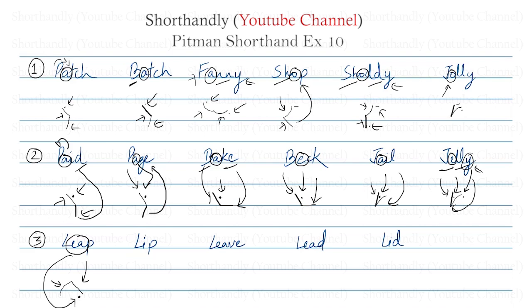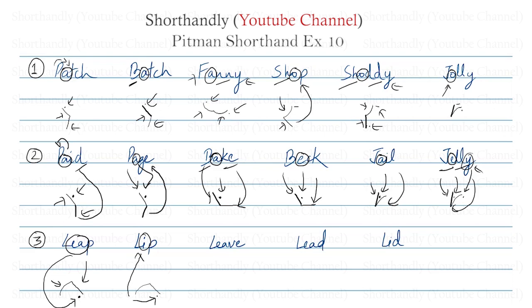Next is lip. So we have I sound as in is vowel. So lip will be written like this. This time we put the light dot because we have this I vowel, and to represent the I sound, we put the light dot on the third place.